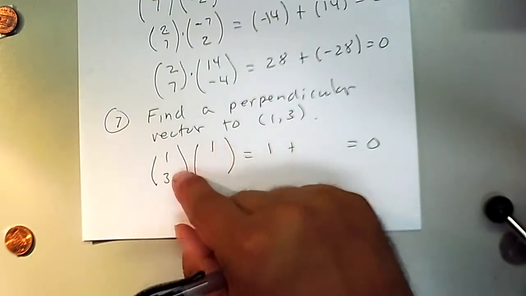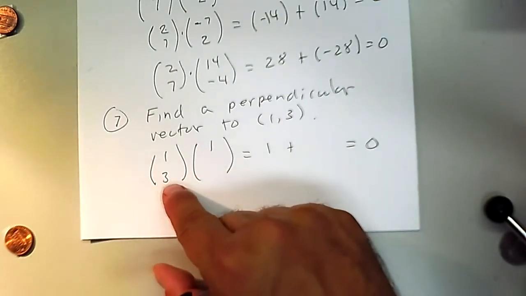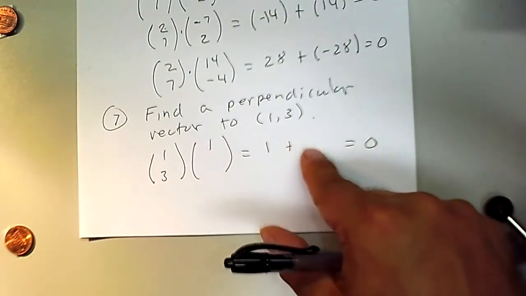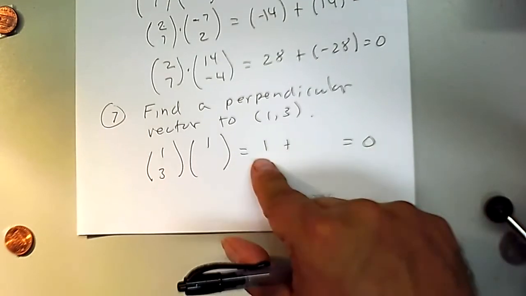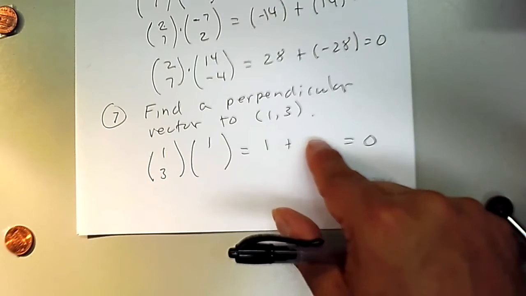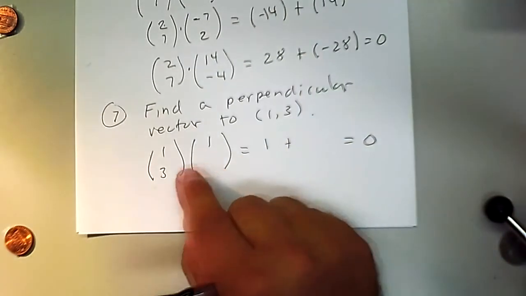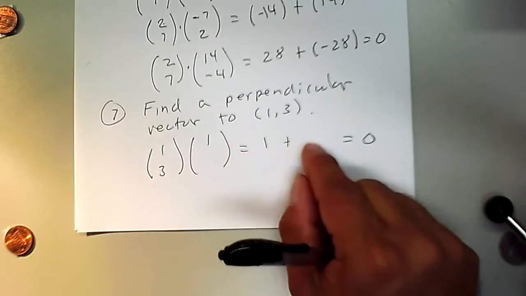So, okay, 1 times 1 is 1. Now I need another number so that multiplied with 3 gives a product that, when added to 1, gives us 0. Well, that product has to be -1. So I need a number down here so that 3 times that number gives us -1.